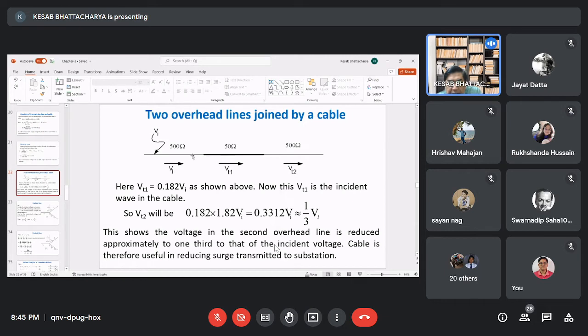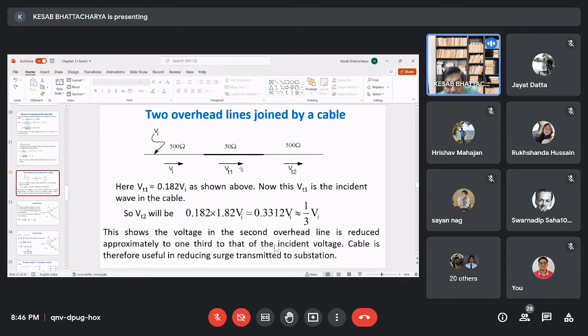You see, these are the two lines, and we assume that in transmission line one, the impulse voltage is incident, that is Vi, and that voltage travels towards the interconnection or junction between the transmission line and the cable, and a part of the voltage enters the cable.